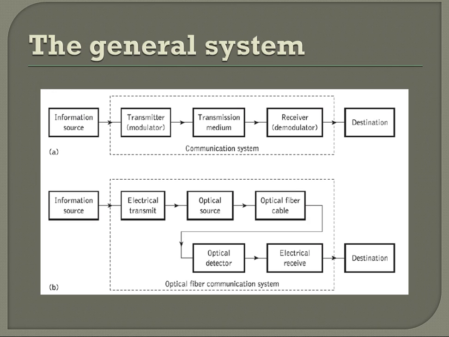In an optical communication system, the information source provides an electrical signal to a transmitter comprising an electrical stage which drives an optical source to give modulation of the light wave carrier. The optical source which provides the electrical to optical conversion may be either a semiconductor laser or LED, light emitting diode.